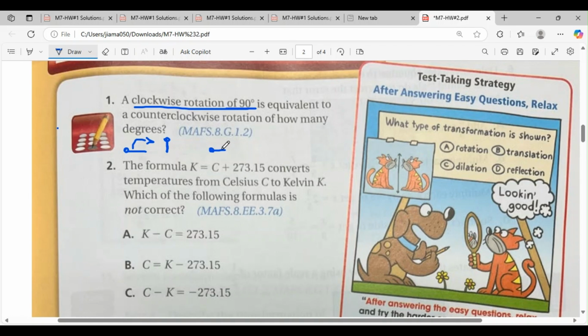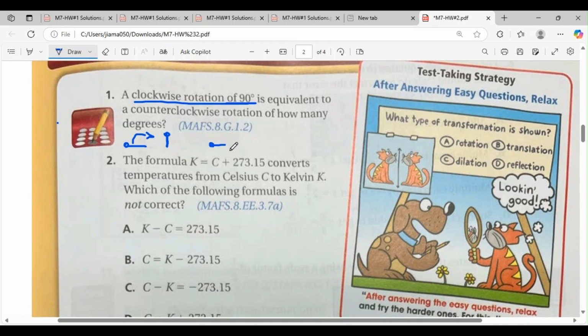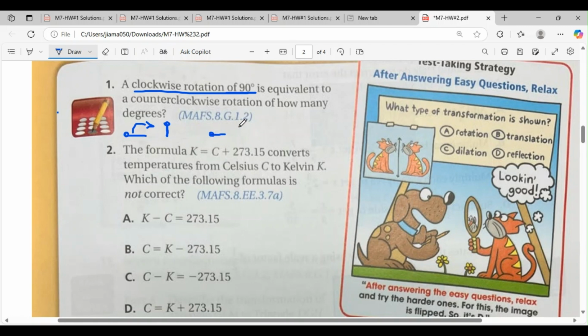So let's rotate it counterclockwise. Rotating this way is 90 degrees, and then this way is 180 degrees, and then back to here is 270 degrees right here.